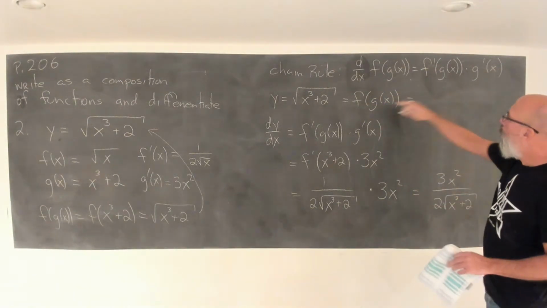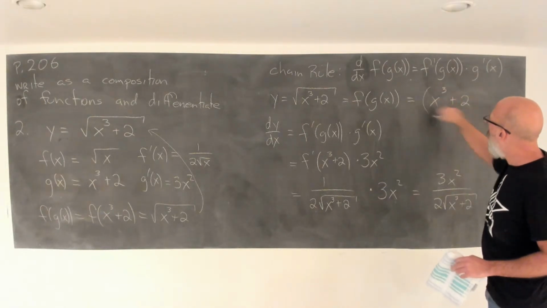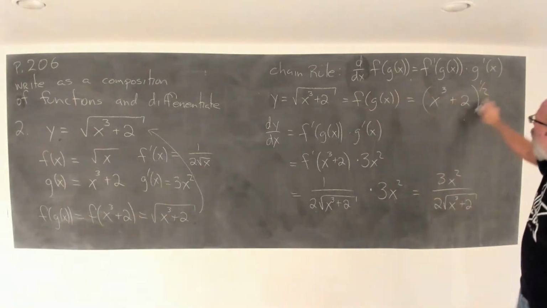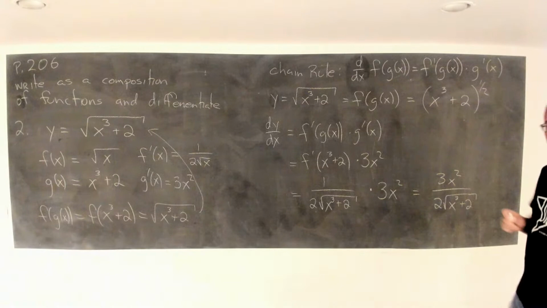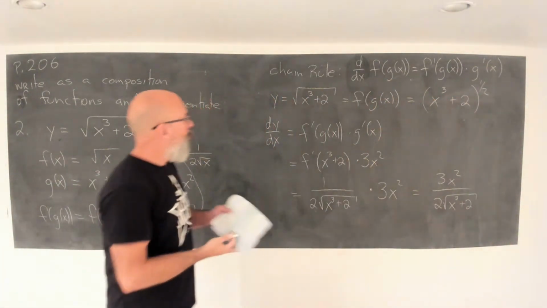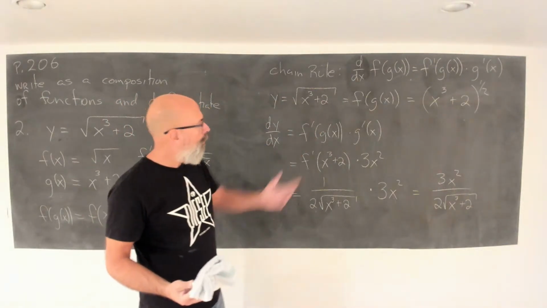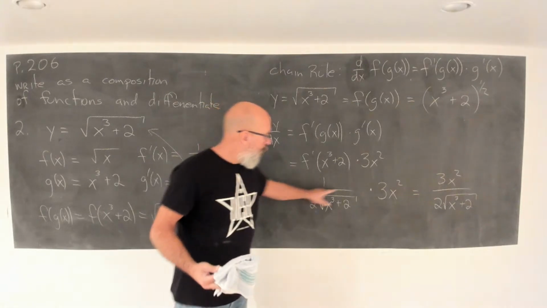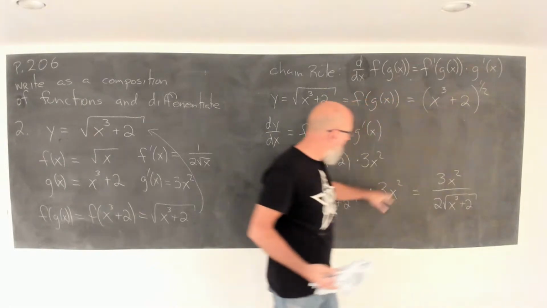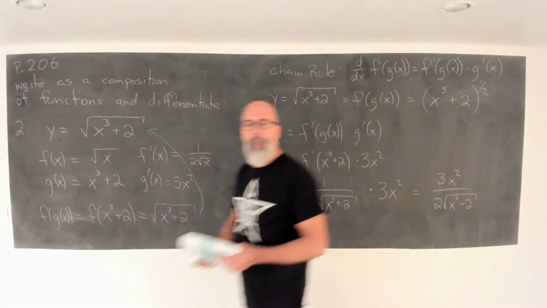When looking at this, how should you tackle that? We're going to come to that momentarily. You're looking at this and you're thinking, well, I've got the square root of something, so when I differentiate, I differentiate the square root. You get 1 over 2 square root times the derivative of the inside. That's what the chain rule says.